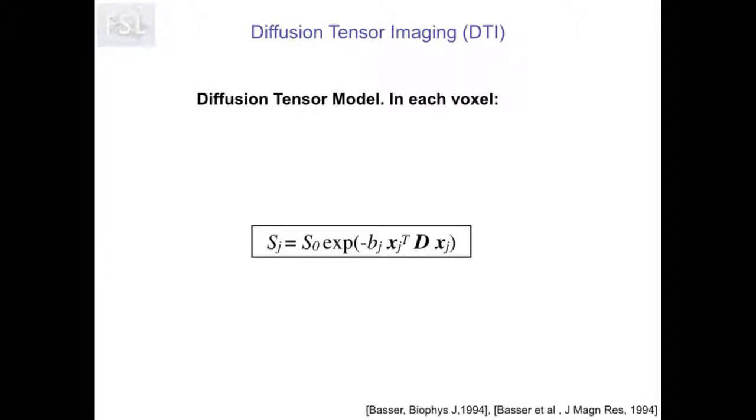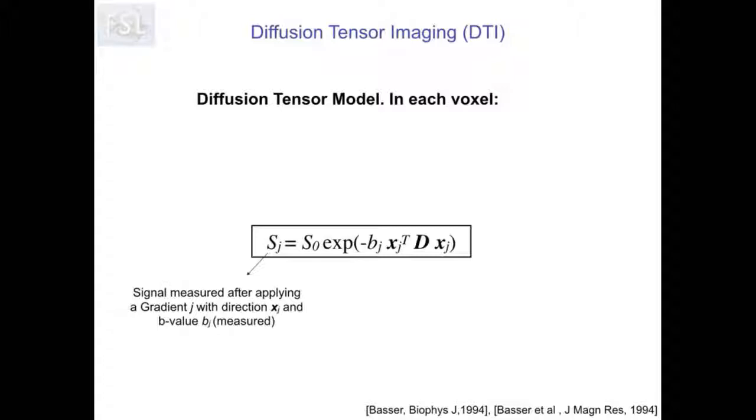You fit this model. What you effectively do when you do diffusion tensor imaging is that you fit this model into each and every voxel. Now, this is the basic equation, right? What are the knowns and unknowns in this equation? Well, the most basic one, what you always do when you do modeling, is that you acquire a certain signal and you want to derive the information that is completely unknown to you, right?